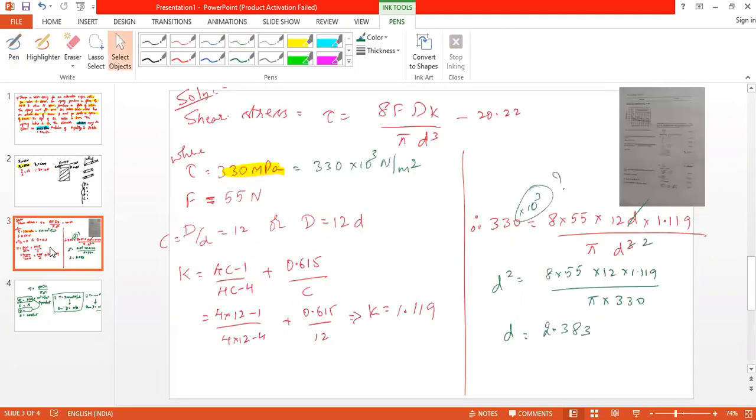So, what is the unit of D now? My question is whether this 330 is in terms of Newton per meter square or Newton per millimeter square.